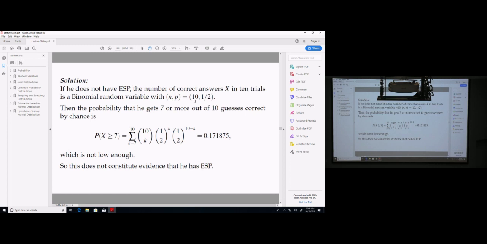So it would be phrased later on as a hypothesis test of whether P is equal to half, meaning that he is just simply guessing, versus P bigger than or equal to, say, 0.9. So we will make some decision making based on 10.